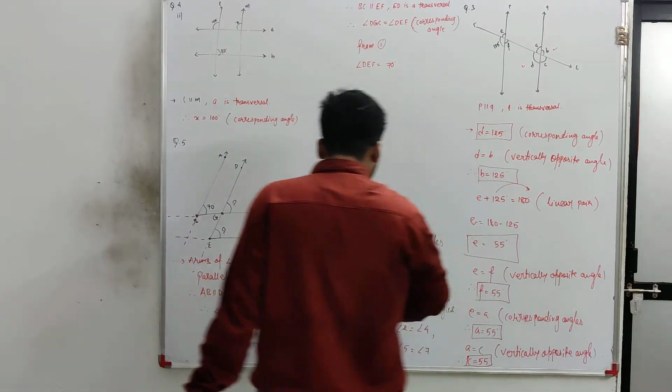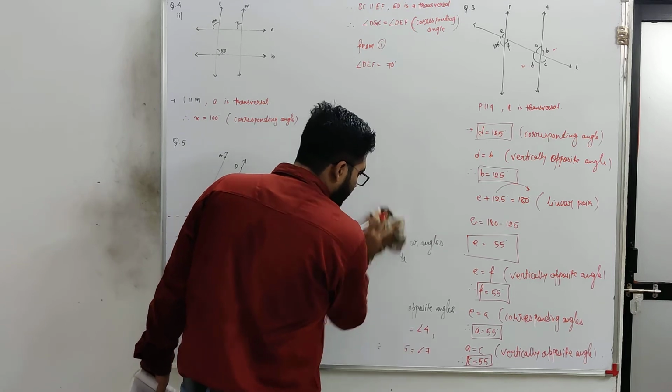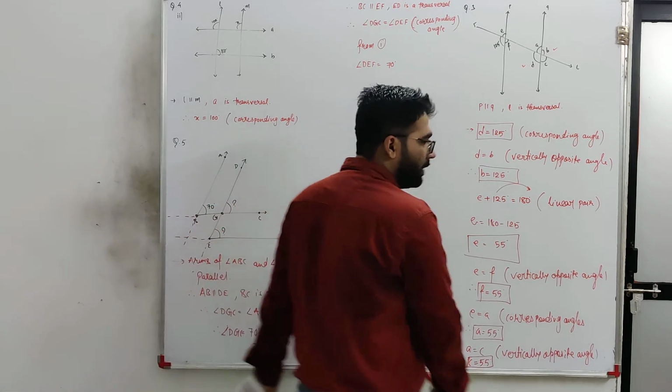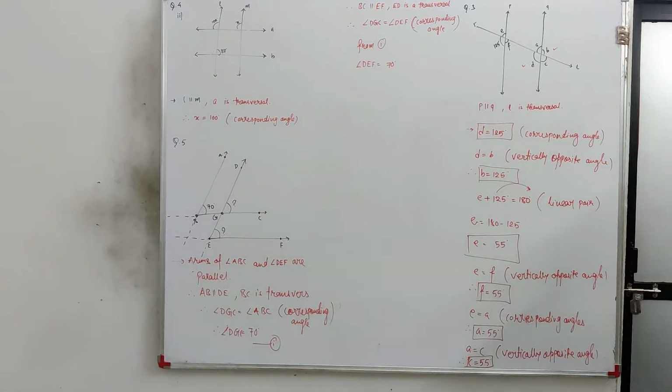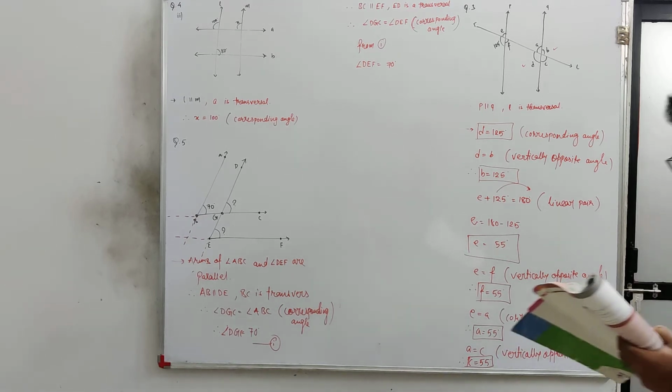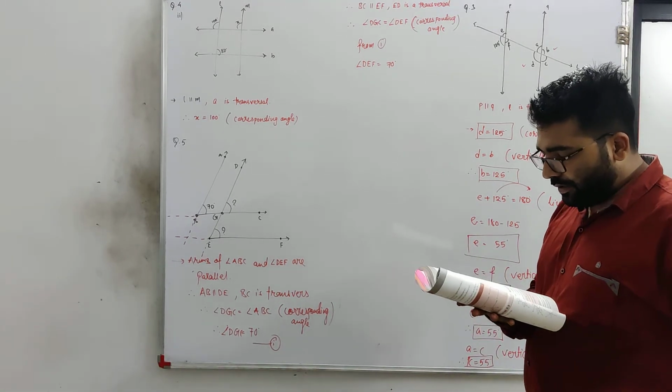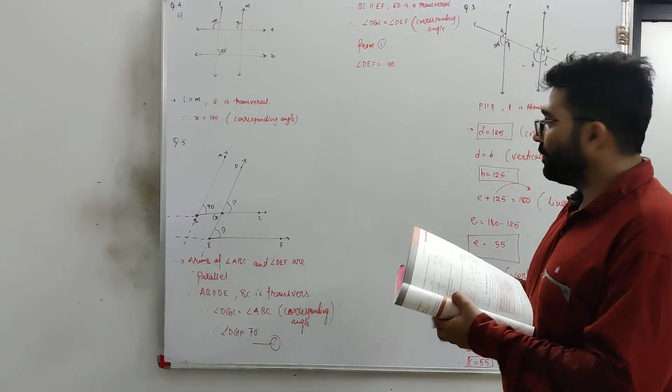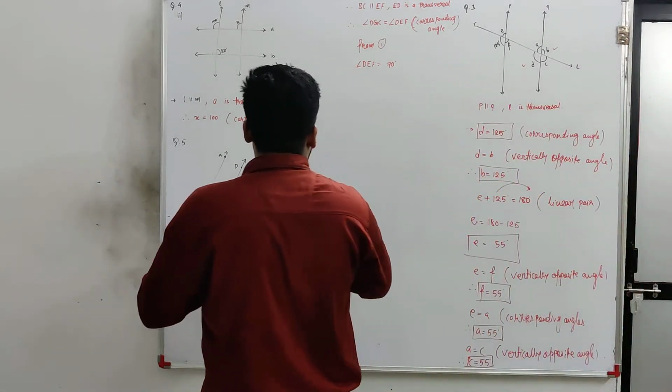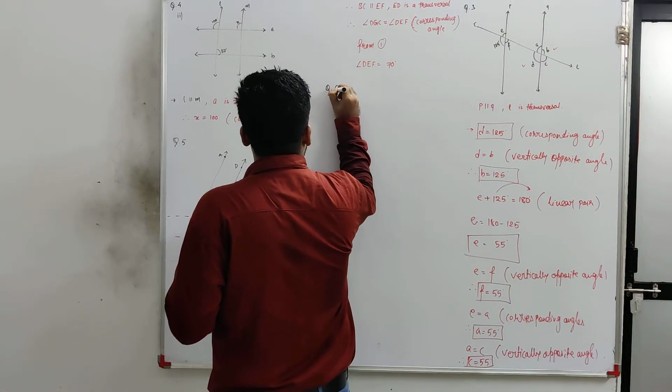Here I am showing how to solve it, then all the remaining questions you need to solve by yourself. See, it is said that in the given figures below, decide whether L is parallel to M or not. So we need to check whether L is parallel to M or not.